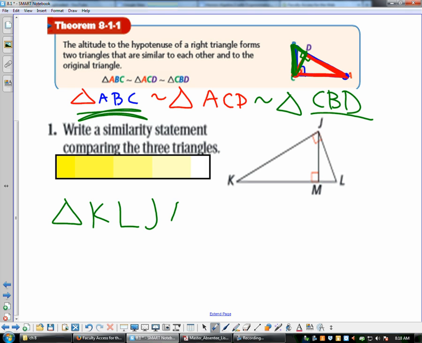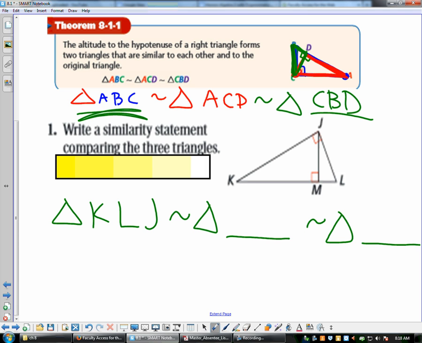And I want to know, if we're starting with triangle KLJ, that's going to be similar to what triangle? Can you put the letters all in the right order? Again, we're looking at a big right triangle, a medium right triangle, and a small right triangle, but they're all similar to each other.